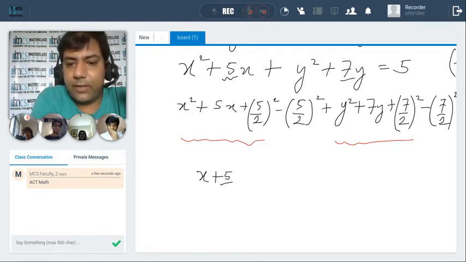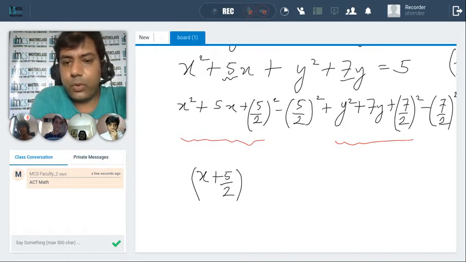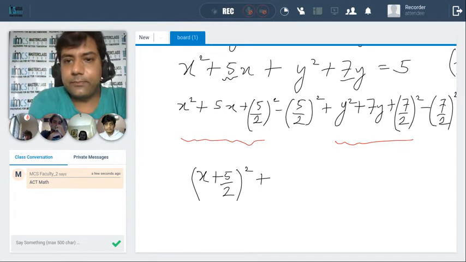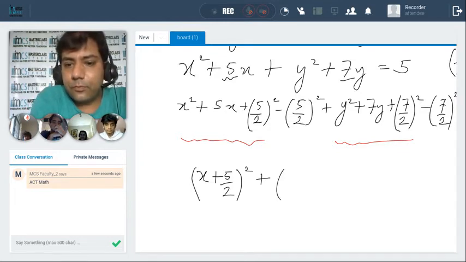Plus 5 by 2 square, plus y plus 7 over 2, that quantity squared.